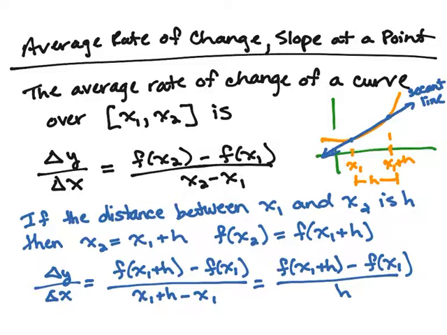And this is going to lead us eventually to finding slopes of tangent lines instead of average rates of change, which are secant lines. So when I do that, notice that my denominator simplifies because my x2 is x1 plus h minus x1, and that all simplifies for my denominator to just be h.